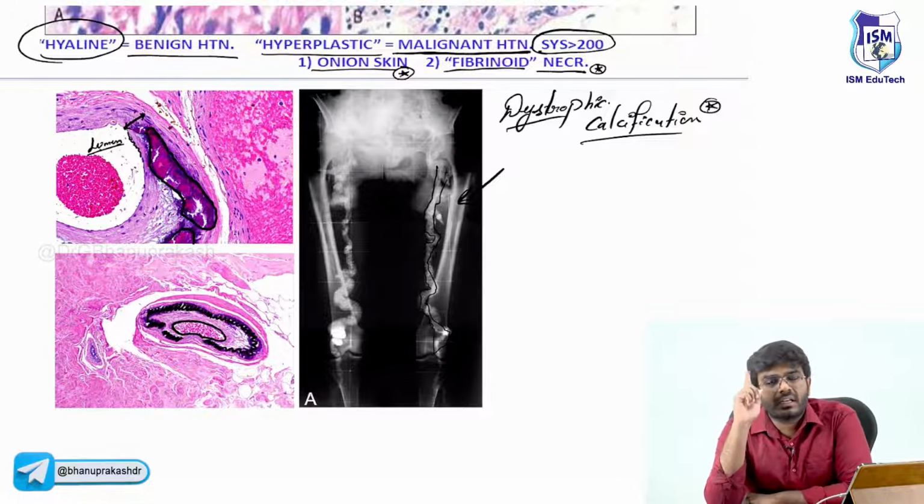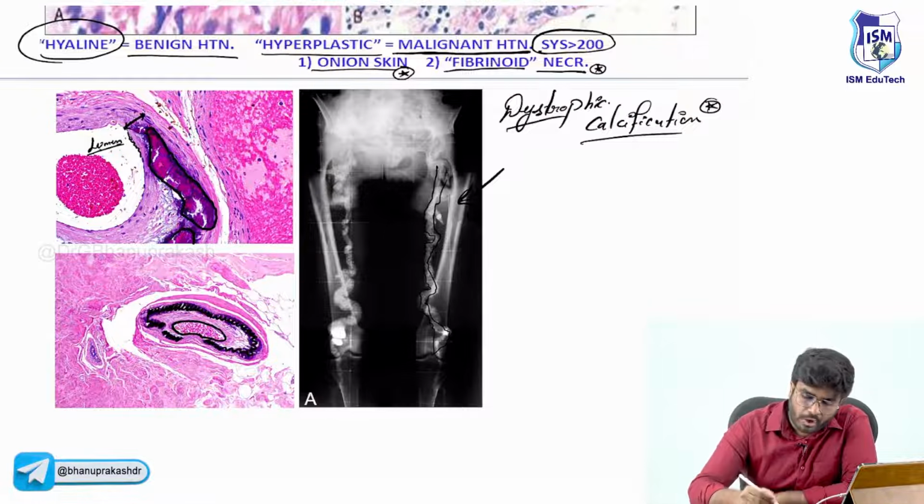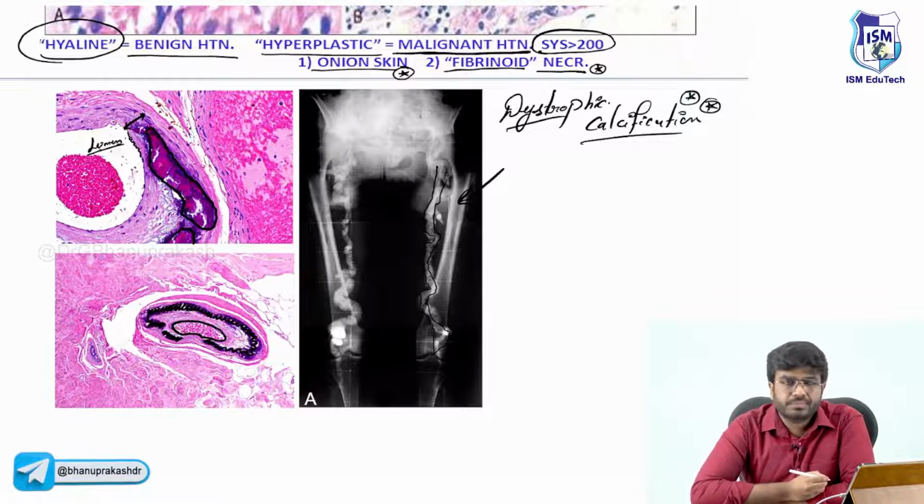In general pathology, in the cell injury topic, I have discussed the difference between dystrophic calcification and metastatic calcification. I'm not going to go into the details again, but here Monckeberg medial calcific sclerosis is an example of dystrophic calcification. Seen in whom?